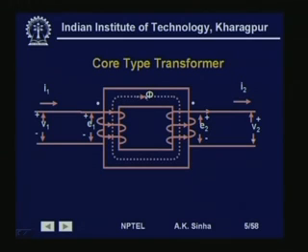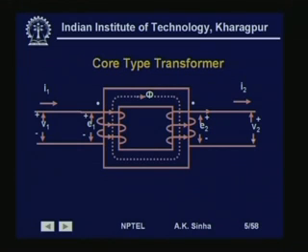This flux is maintained at the same level in this core, whatever may be the load on this side. So, if you increase the load, this will try to increase the current here, and that will try to reduce the flux here, but more current will flow here to try and maintain this flux in the core. So, this is how the transformer works.